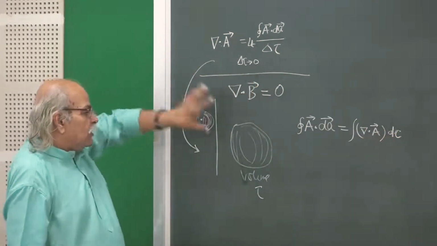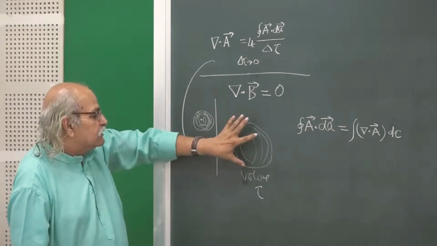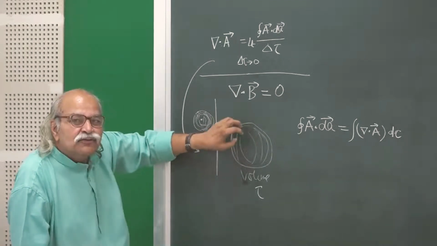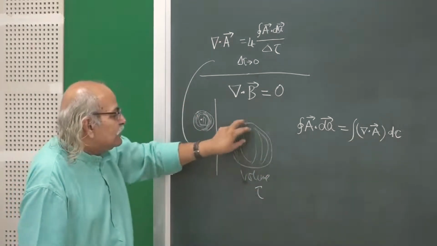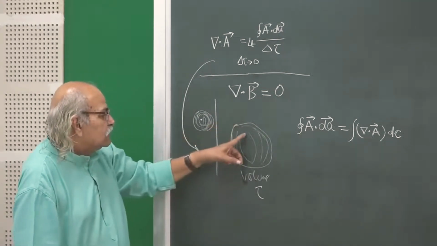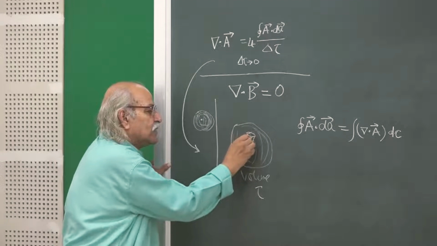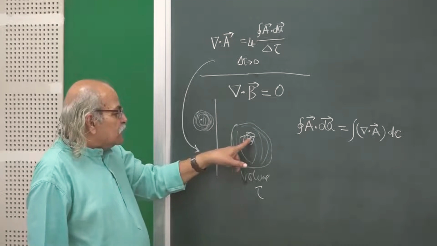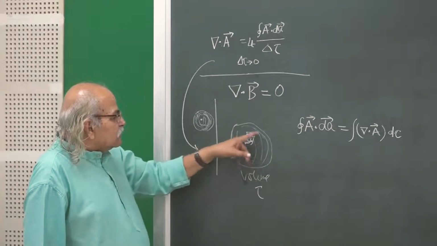So, now you have a finite size, not infinitesimally small, but a sizable volume, and in that volume also you can take a small d tau inside that volume, and at each such d tau, if you take your d tau at this point, you ask how much is the divergence of A there, multiplied by this volume, and then you add for all the points in the volume, integrate.